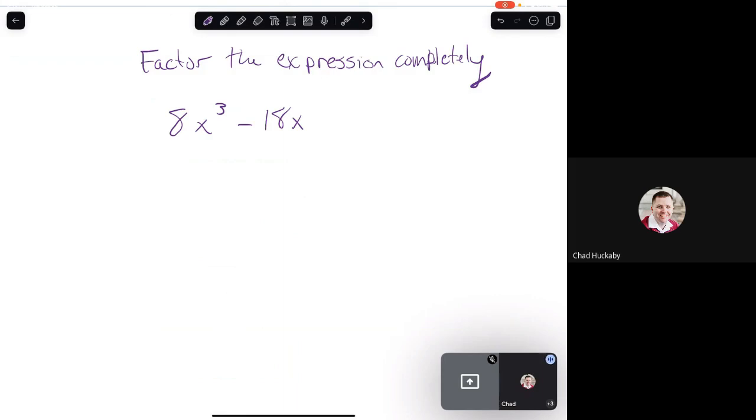So is there a greatest common factor we can factor out here? Well, I think we can factor out an x, which leaves us with x times 8x squared minus 18.